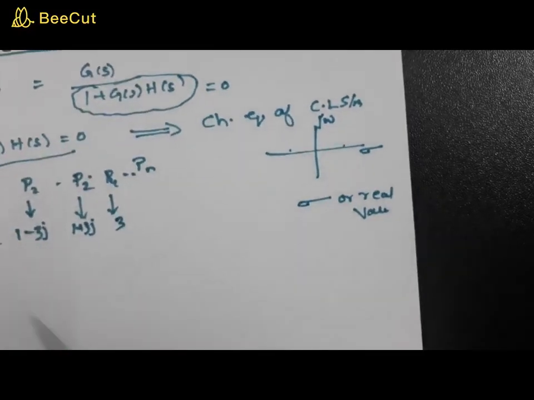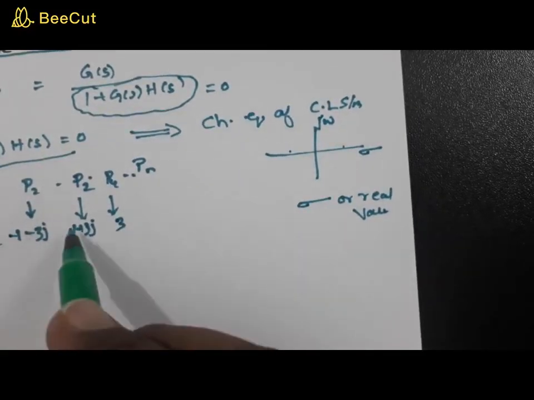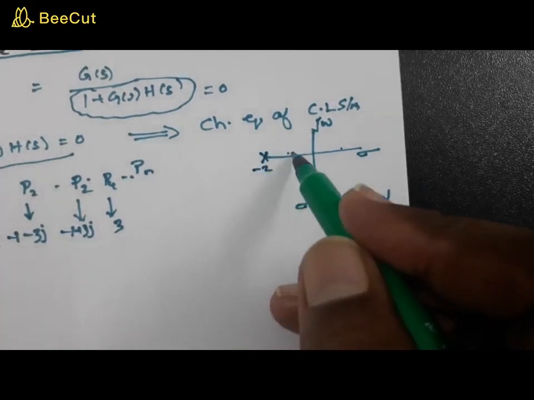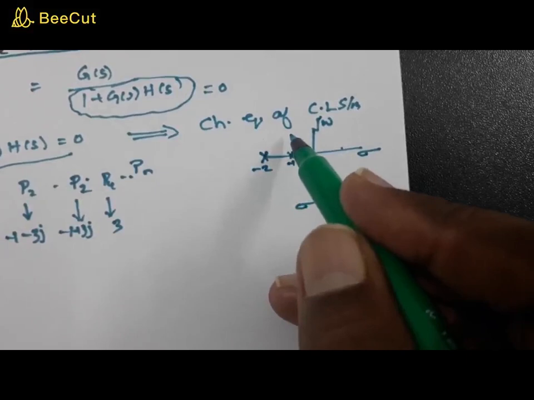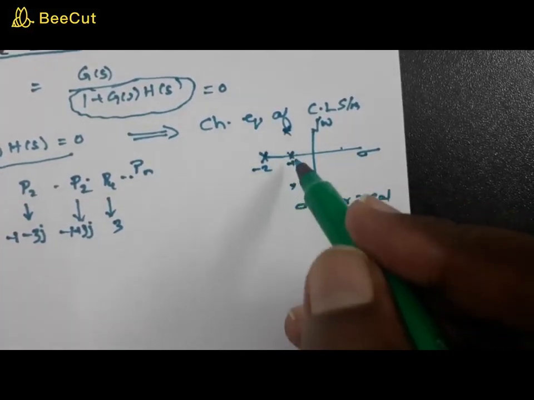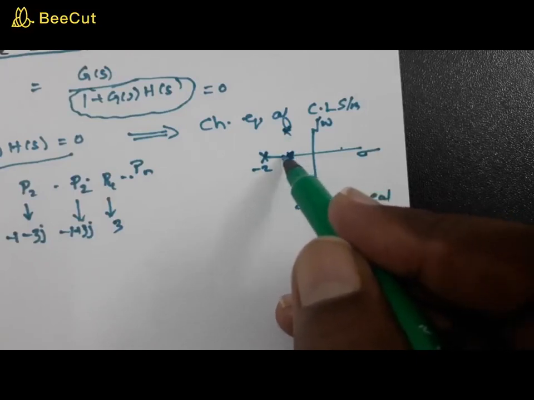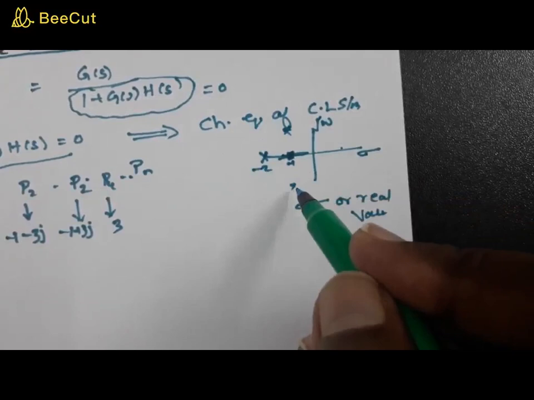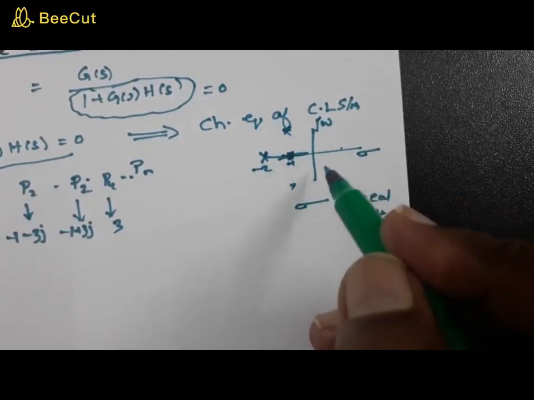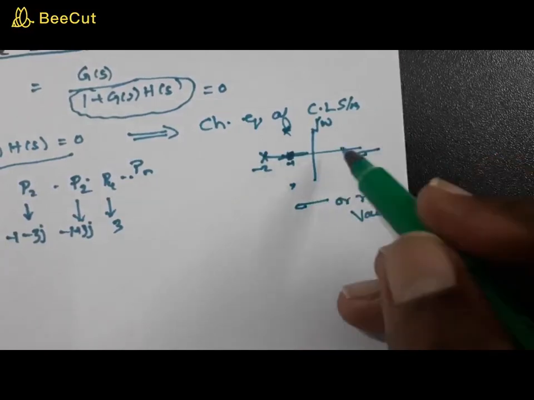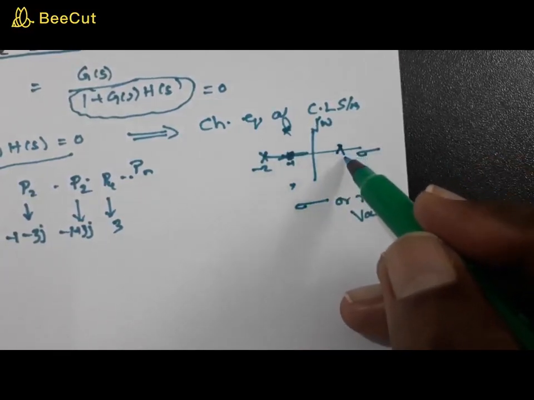So you can say this is -1, sorry, this is -1. So you have a pole at -2, you have a pole at -1 minus 3j and plus 3j, because complex conjugates occur in pairs. One at -2, -1 plus or minus 3j, and you have one more pole residing at 3.